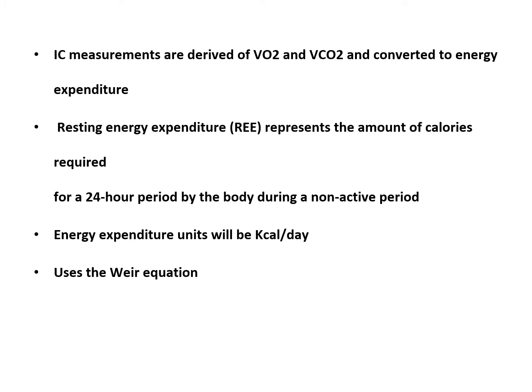Indirect calorimetry is derived from looking at oxygen consumed and CO2 produced. The resting energy expenditure represents the amount of calories required for a 24-hour period by the body during a non-active period. It's expressed in units of kilocalories per day.